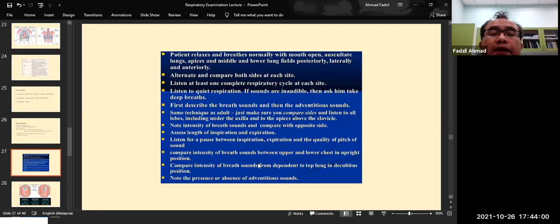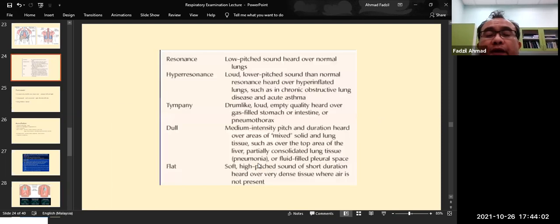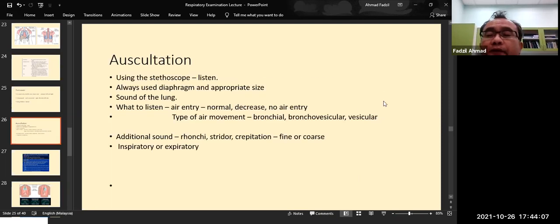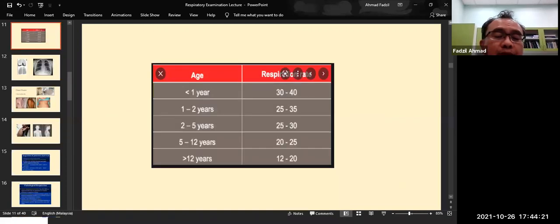Okay, when you do inspection of the patient, you listen to the sound by using the ears.